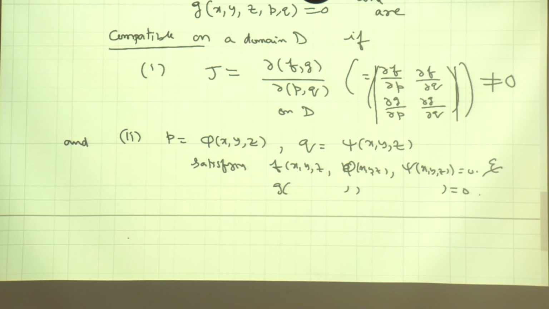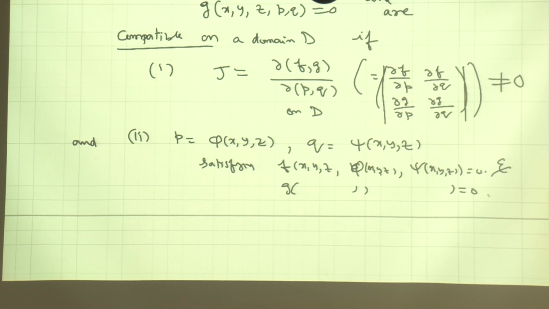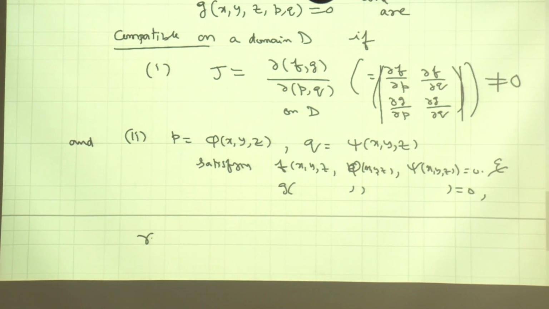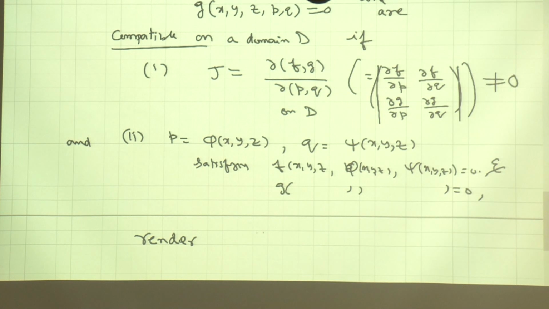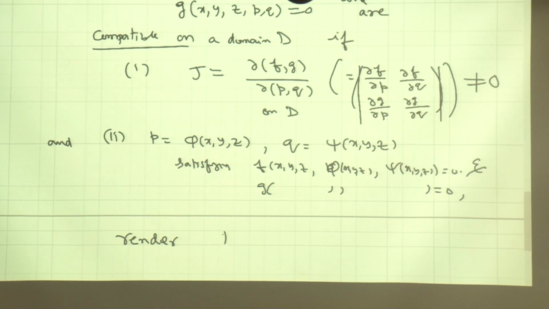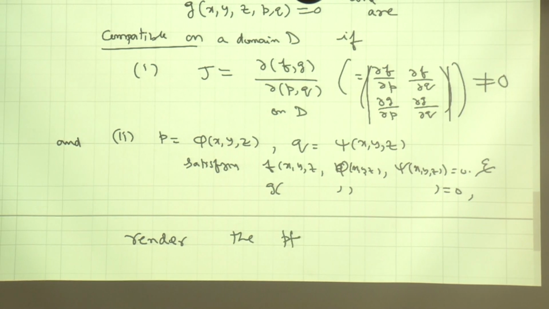And then what happens? P equal to this, satisfying this, it's not full stop, continuation. Render or make this the Pfaffian, so I will write Pfaffian.